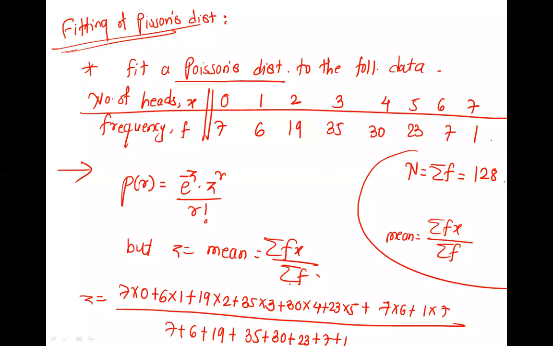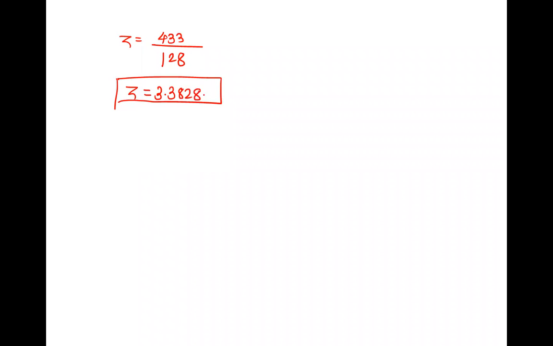What is the numerator? 433. So Z is equal to 433 upon summation f, which was 128. So what is Z? 3.3828125. Because this is the value of Z, don't compress it.